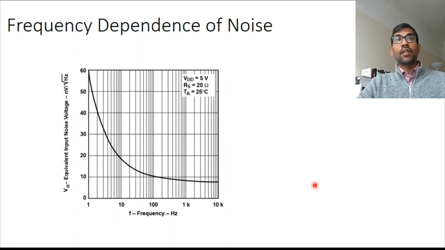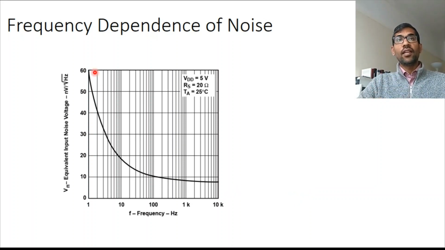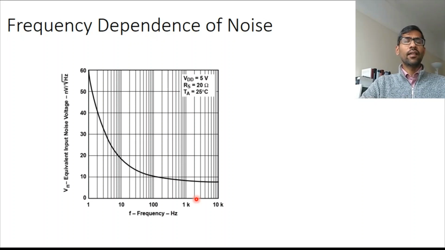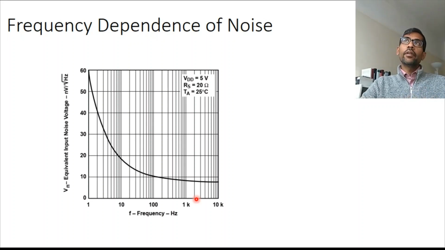Of course, the noise in the op amps is going to be dependent on frequency. So when we are choosing op amps, one of the criteria would be to ask, what kind of signal do I want to use this op amp for? Is the noise in that frequency range low or is it high?